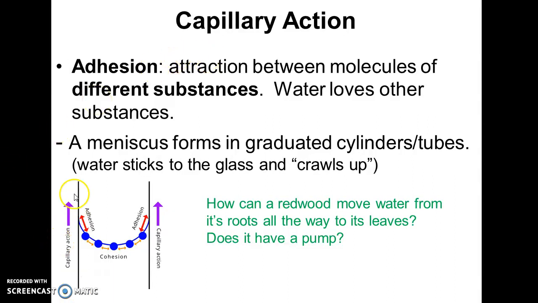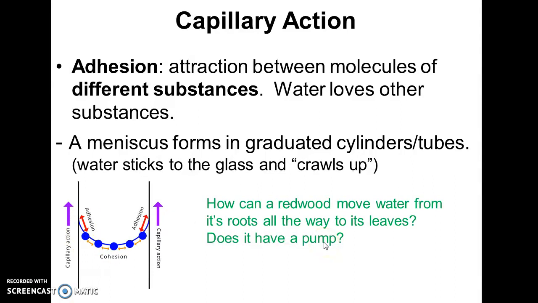So if you look at a test tube, you'll see that this kind of smiley face forms, and this is called a meniscus. And on the middle part, there's the skin that forms. That's due to cohesion between the water molecules. But then the water will also adhere to the edge of the glass, and that's called adhesion.